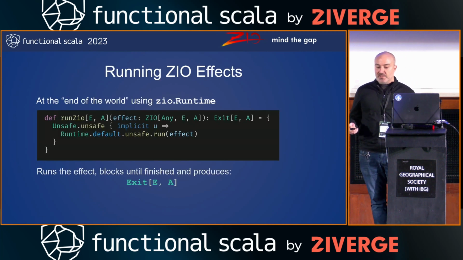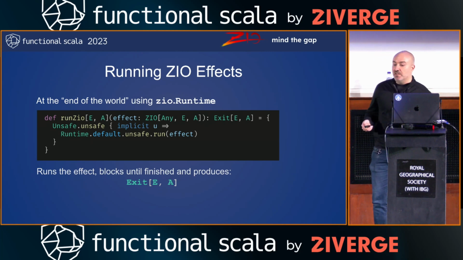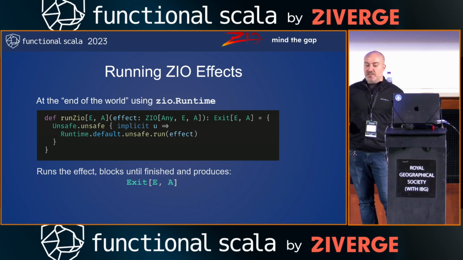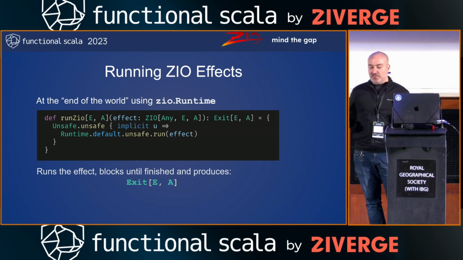ZIO effects, which is what we also call values of that type, don't do anything by themselves. They capture some kind of computation, and we need a runtime to execute them. The computation is lazy and suspended, so this is how we execute a ZIO effect, somewhere at the end of the world.